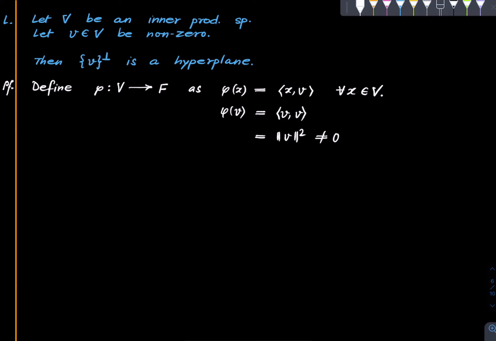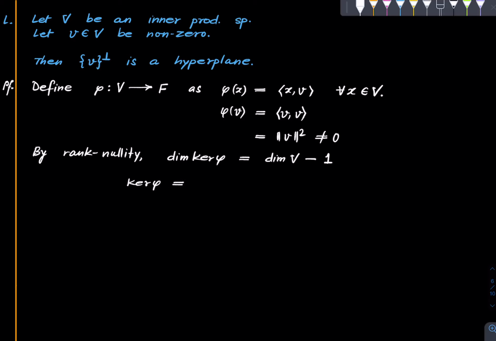So apply rank nullity. By rank nullity, the dimension of the kernel of phi is dimension V minus dimension F, which is 1. So kernel phi is a hyperplane. But what is kernel phi?